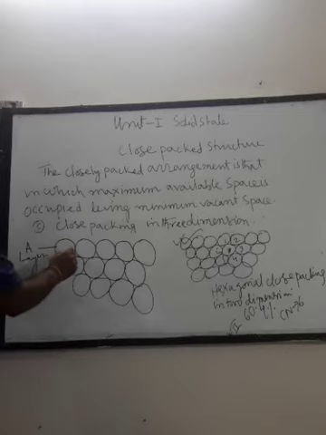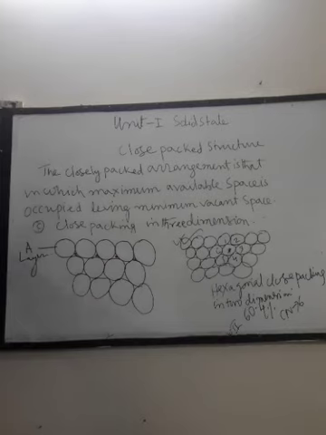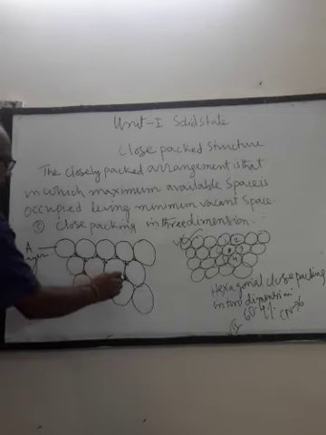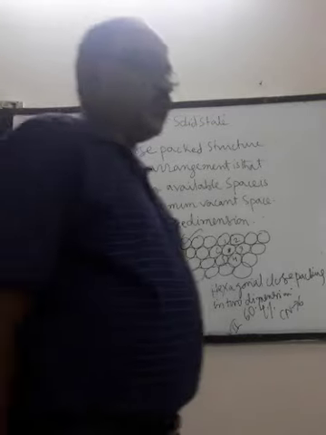Say this one is called A type of void, this one B type of void, this one again A type of void, this one B type of void. So the first layer of hexagonal close packing in 2 dimensions is like this, and this is our bottom layer. The bottom layer is called the A layer, and there are two types of vacant spaces in this arrangement.